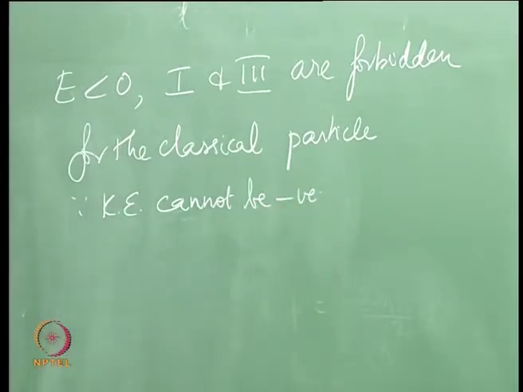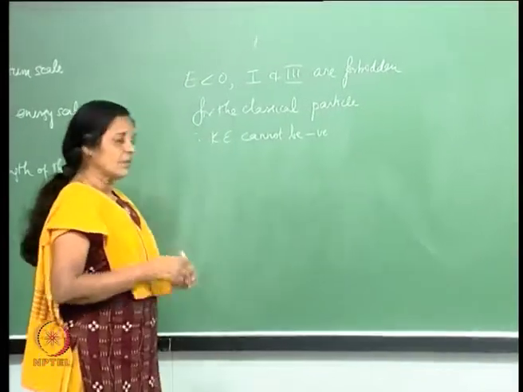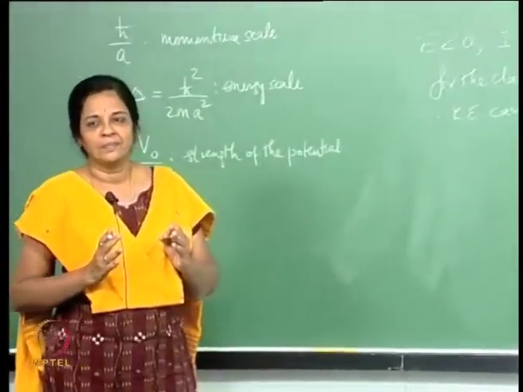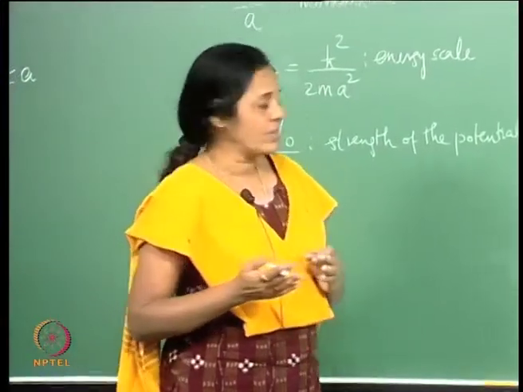Now if E is greater than 0, that is not true, as we have already seen, the particle can be anywhere. So there are two cases to discuss, E less than 0 and E greater than 0.